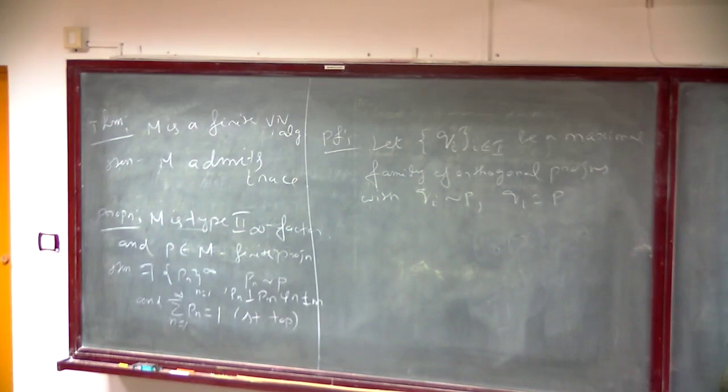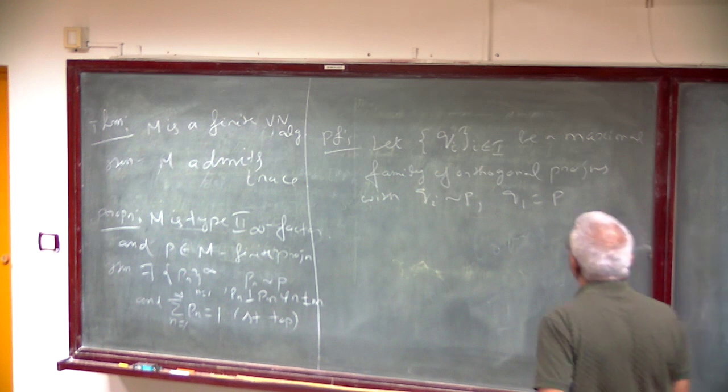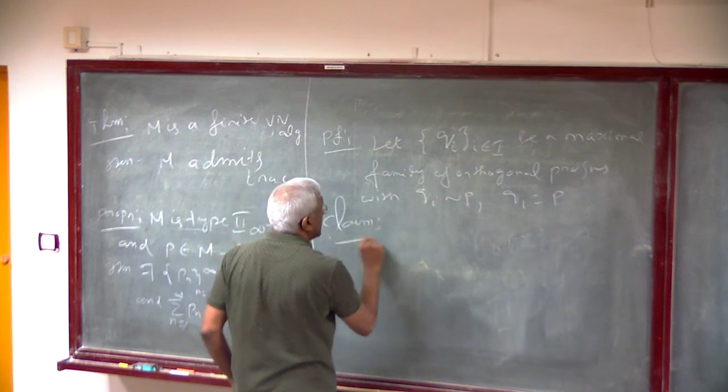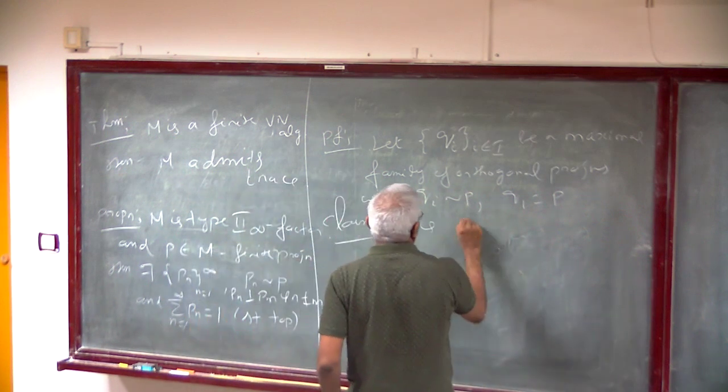Start with P and then take in the orthogonal complement things which are equivalent to that, and you get a maximal family like this. Then the first claim is I is infinite.